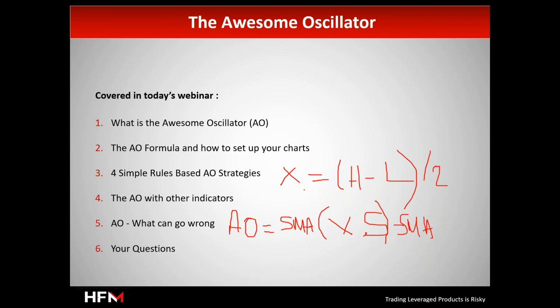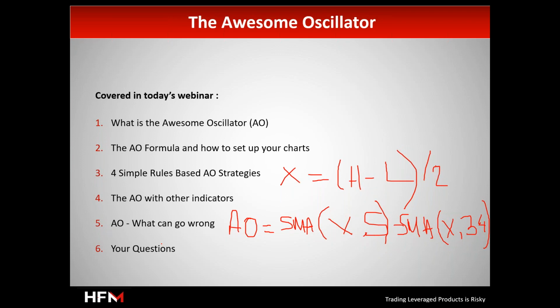So it is taking the last 5 median prices and giving us their simple moving average, minus the simple moving average found by summing up and finding the average of the last 34 median prices. Okay, this is the formula.